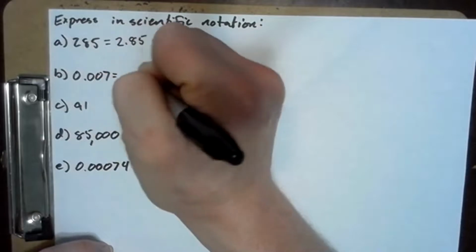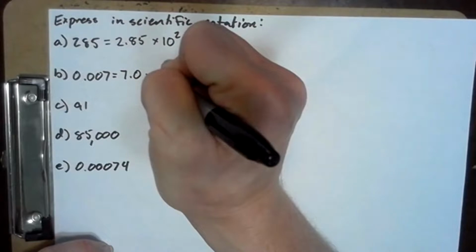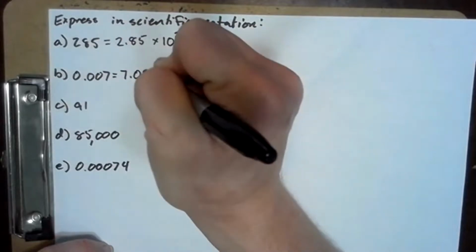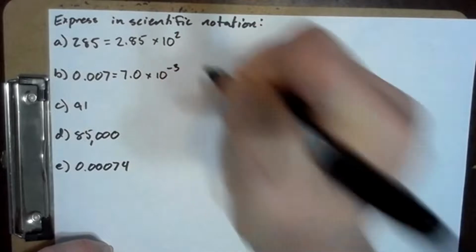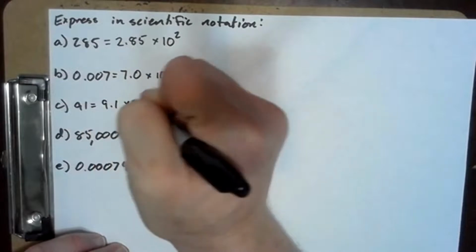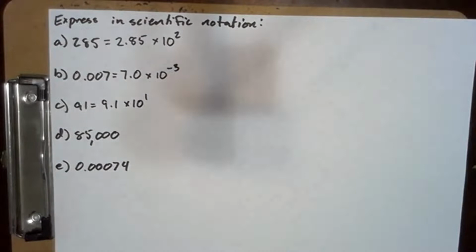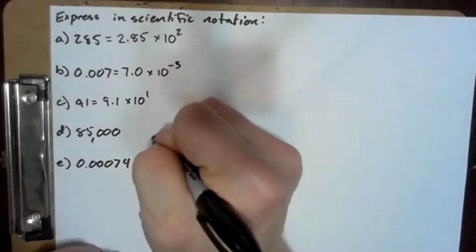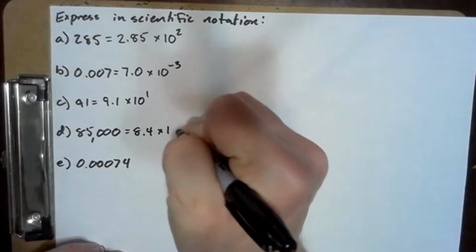Here, we've got a 7 at the end, so that's 7.0 times, we've moved our decimal place 3 to the right, so we need to have 10 to the negative 3. 91, that's 9.1 times 10 to the first power. 85,000 is 8.5 times 10 to the fourth power.